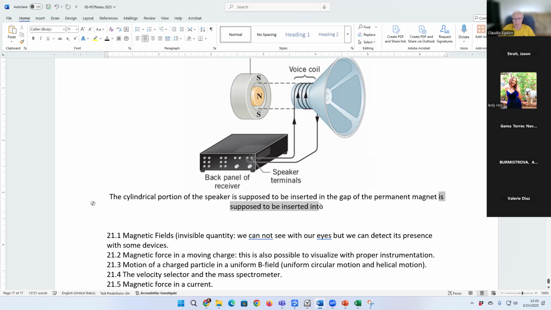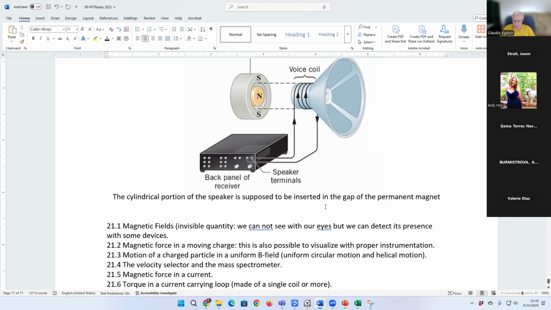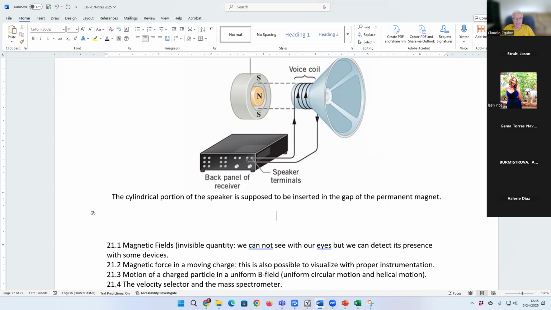In the gap of the permanent magnet, like that.